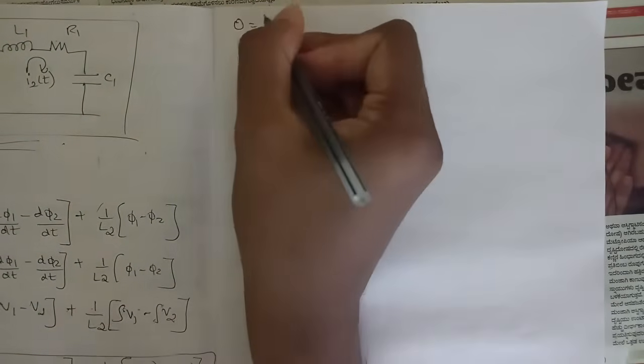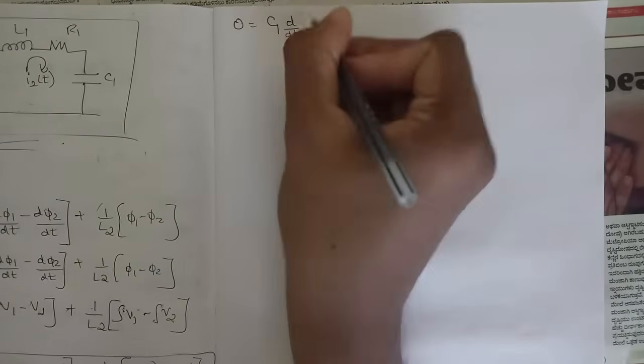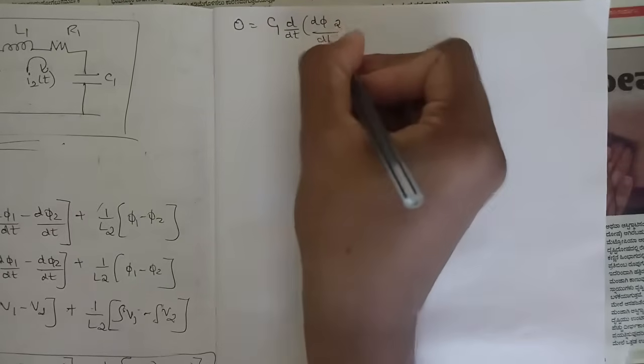So 0 equals C1 into d by dt, take common, d phi 2 by dt.